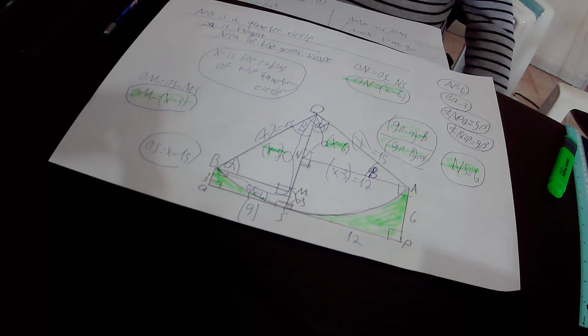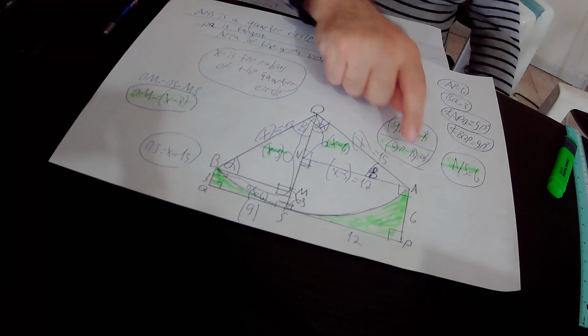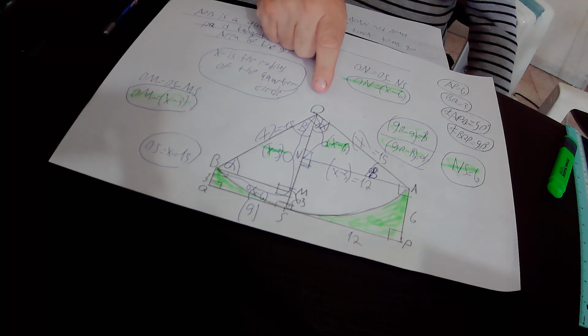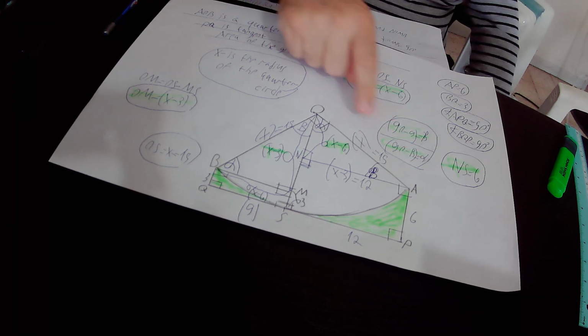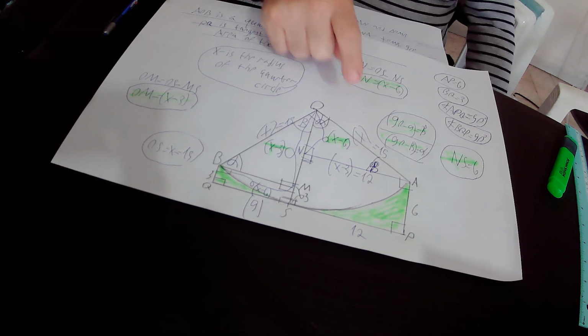In the next step, line segment OA is the radius of this quarter circle that is equal to x. Why? Because it starts from point O, the center of the quarter circle, and ends at point A, the point on the quarter circle itself. Therefore, OA is the radius of the quarter circle that is equal to x.